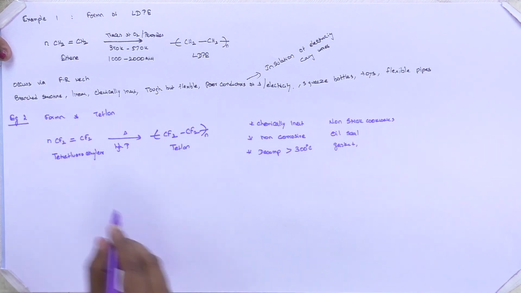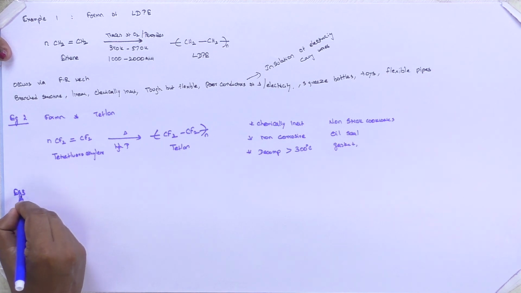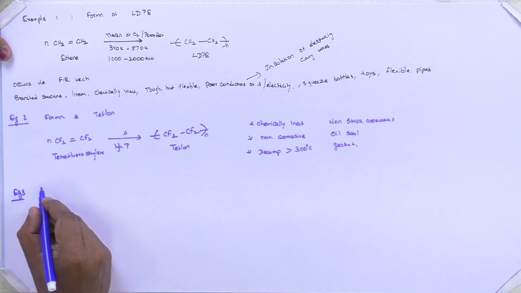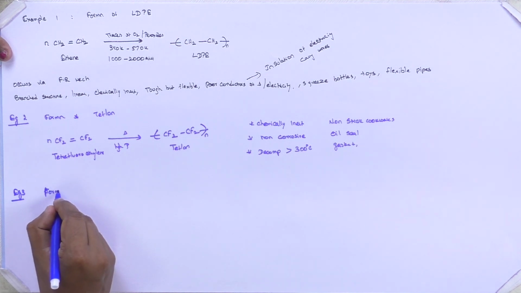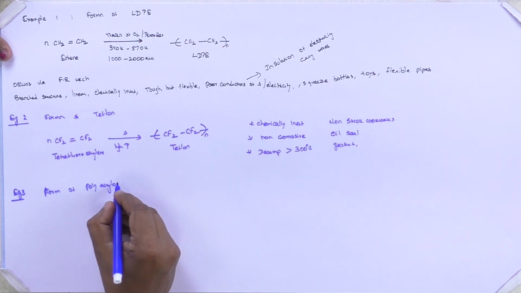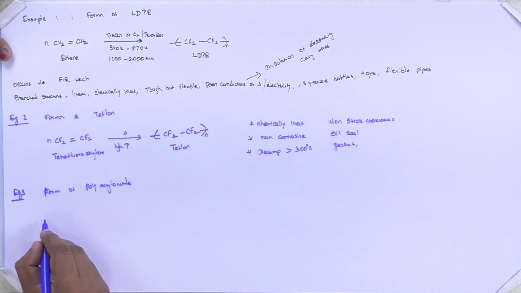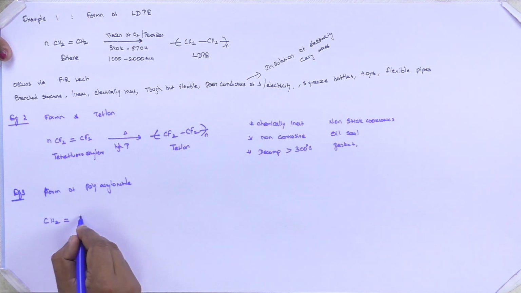And the next example that we have here is acrylonitrile, the formation of polyacrylonitrile. Acrylonitrile is CH2 double bond CH CN.